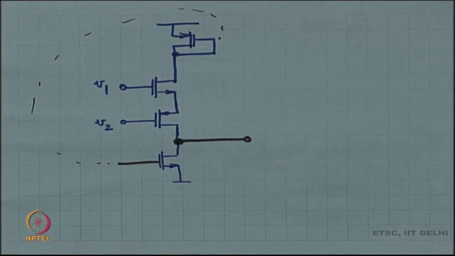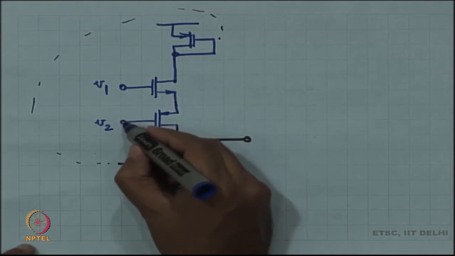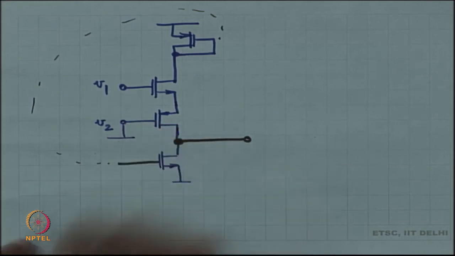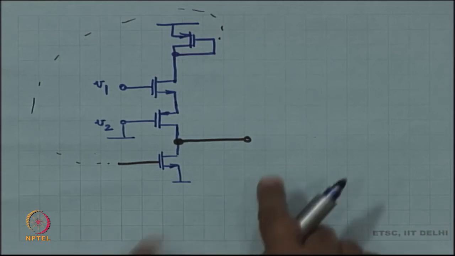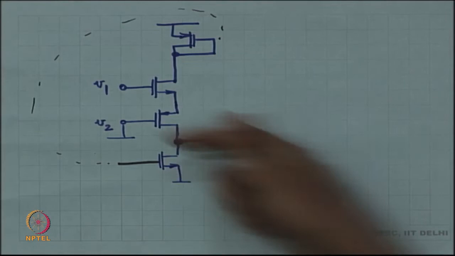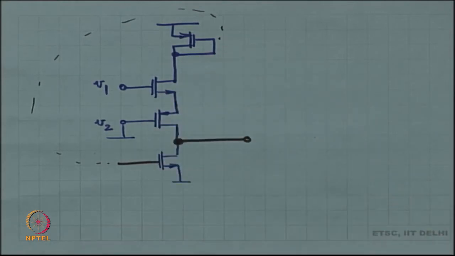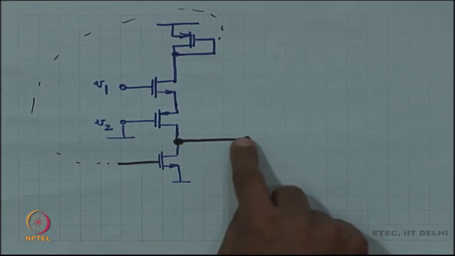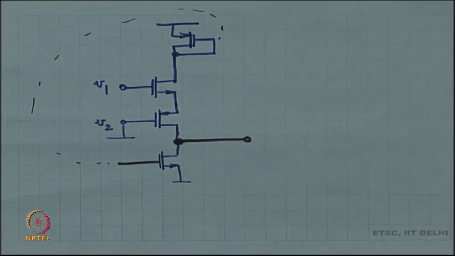So, I have got V1. In the first instance, what we are going to do is we are going to connect V2 to ground. And to measure the voltage at the output, instead of measuring the voltage at the output, the way we have been doing is by using the Norton equivalent method, that is we look in from outside and measure the impedance, number 1, and number 2 we apply a short over here and measure the current.